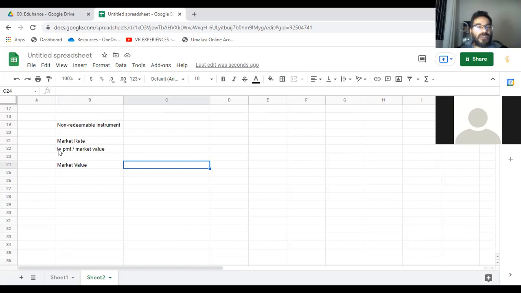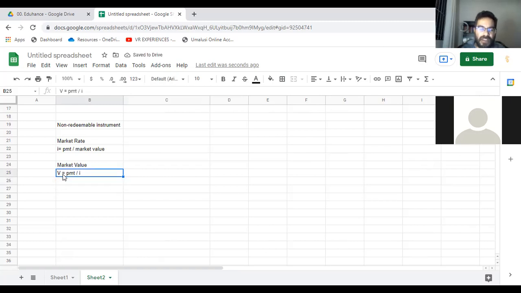If it's debt, it will be interest. If it is preference shares, it will be dividends. If you need to calculate market value, we use the exact same formula. We're just going to rearrange the equation. So over here, it's going to be value equals PMT divided by I. Okay, so that's important to take note.